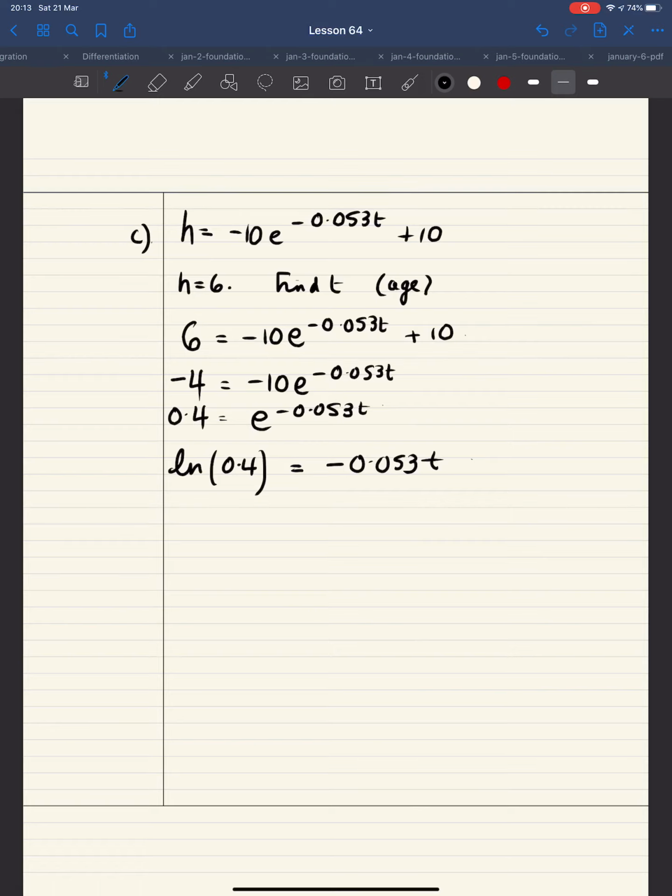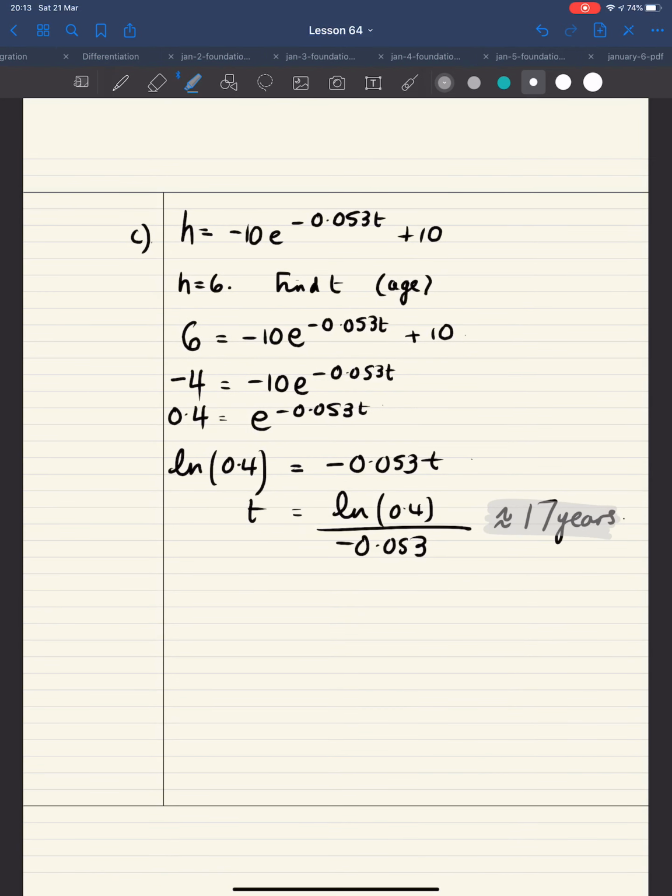Okay, divide both sides by minus 0.053, which is approximately 17 years. So that's the answer, 17 years.